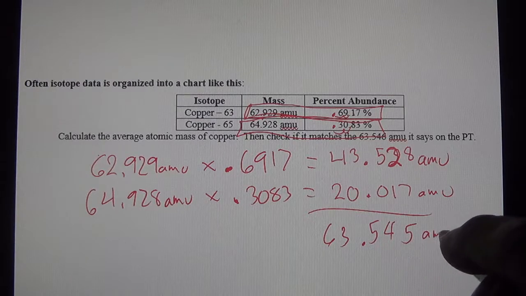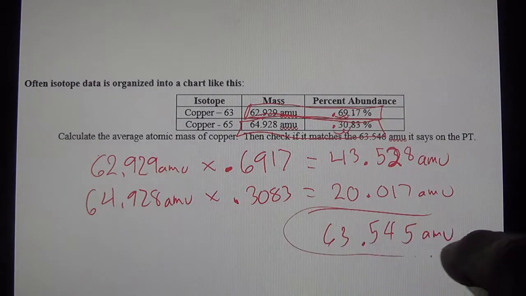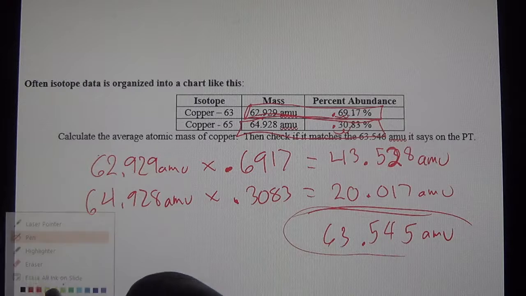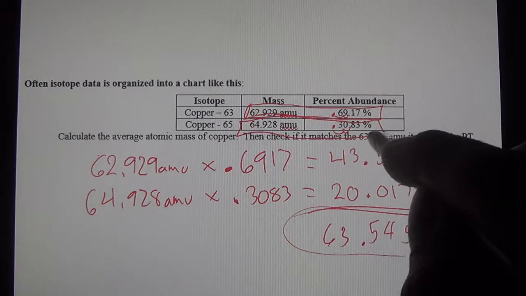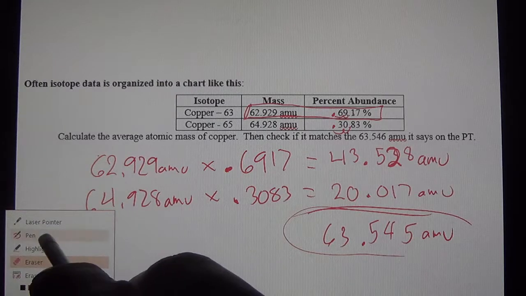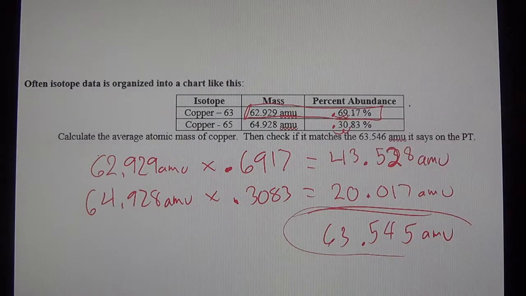Okay, let's see how well we did. Here's our average for the two isotopes of copper. We had our average as 63.545. The periodic table says the average is 63.546.